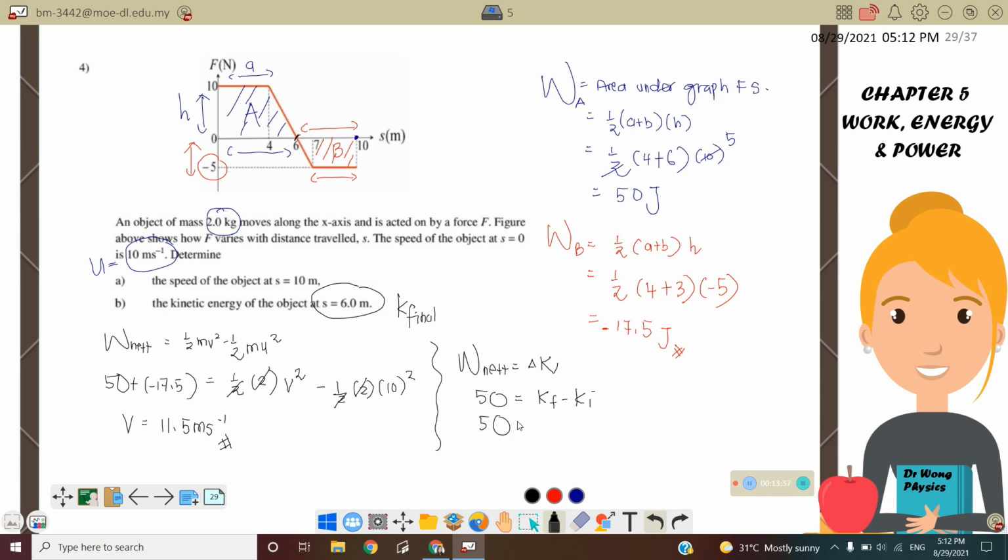So 50 equals K final, the value we want to find, minus initial half times m, 2 kg, times u, 10 square. So finally K final is 50 plus 100, and our answer, the final kinetic energy when s equals 6 meters, is 150 joule.